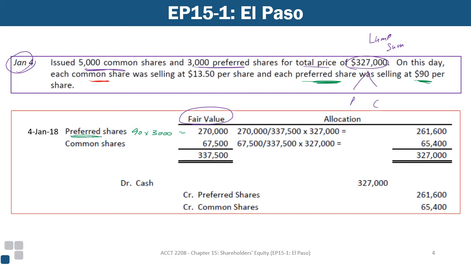Then each common share had a value of $13.50, so 13.50 times 5,000 common shares gives me a value of $67,500. So at that point, what I have here is a total fair value of $337,500, and then all I do is take each of them and divide by that total.